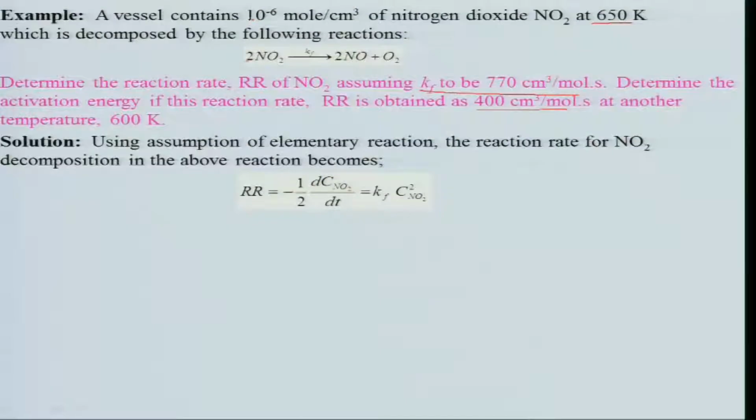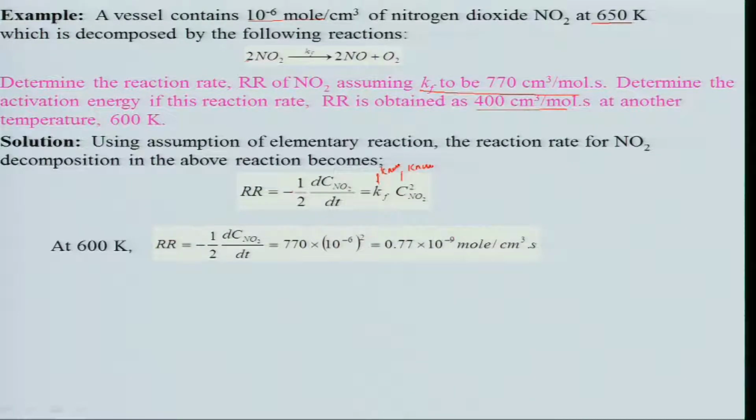And then what we will do? Because concentration is given, this is your concentration of NO2, and this is known, you just substitute those values and get the answer, which is very simple.